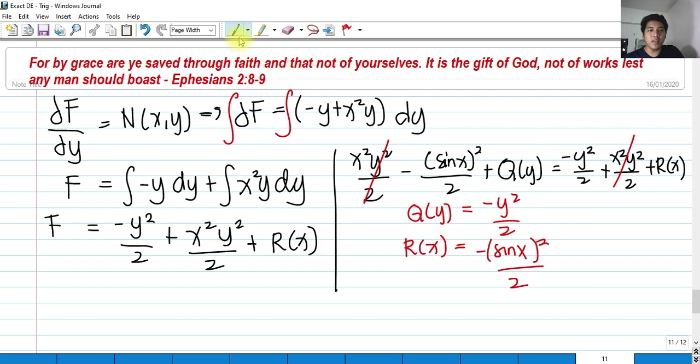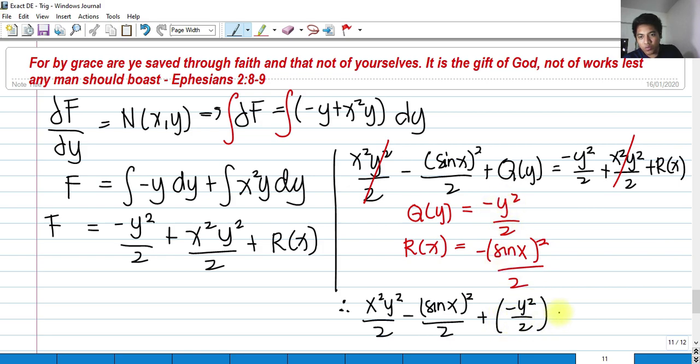So the solution can be found by using either of these with the corresponding value of q of y. Let me try this. Therefore our solution: x squared y squared over 2 minus sine of x squared over 2 plus q of y, where q of y is negative y squared over 2, is equal to, of course, c.